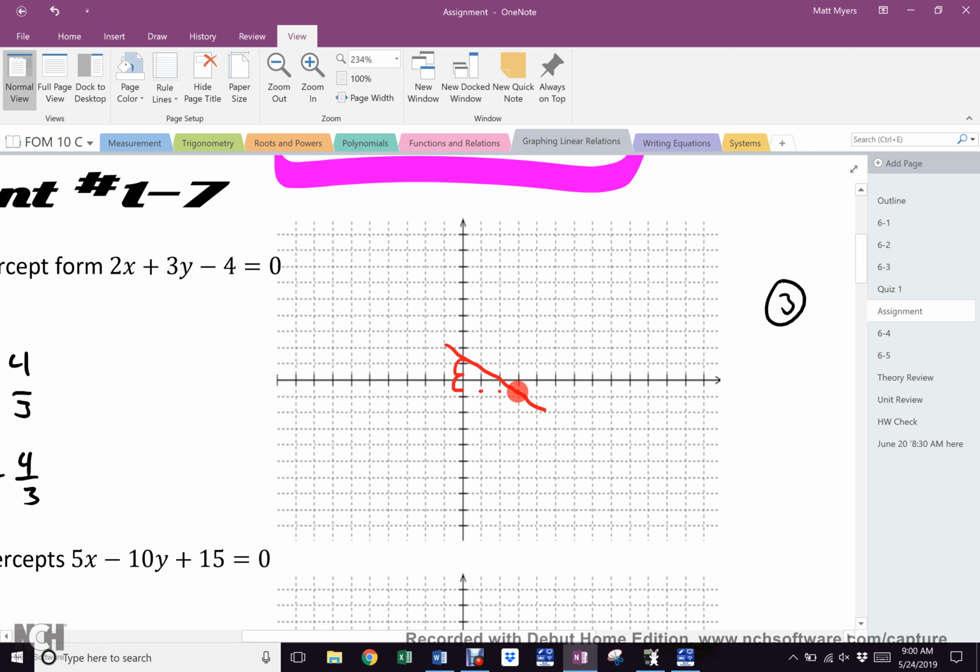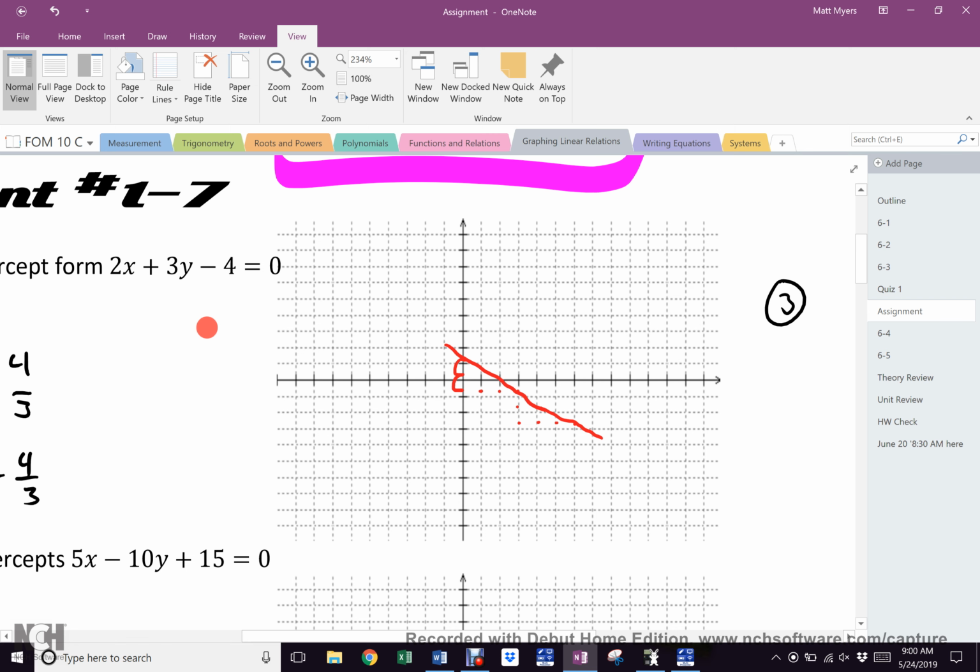Everybody good? And then, of course, I would do that again. 1, 2, and out 1, 2, 3 to go out to there. And if you have that, you still have 3 marks. I cannot stress this enough. This is a pain. Change the scale so it works with the fractions you have.